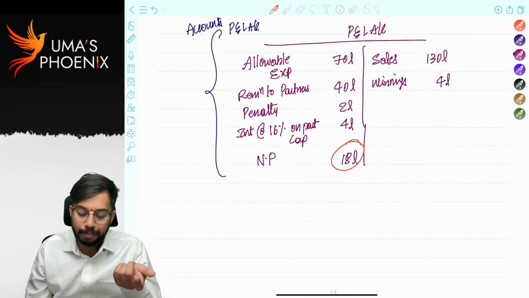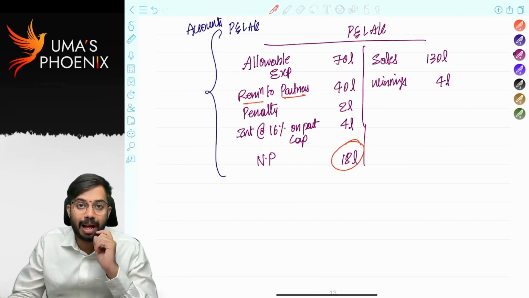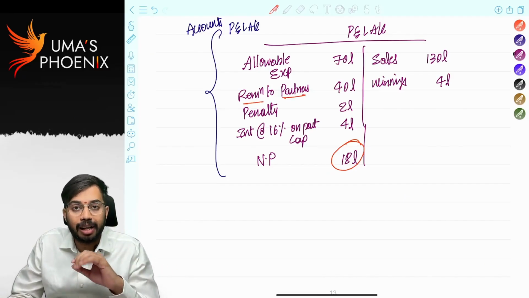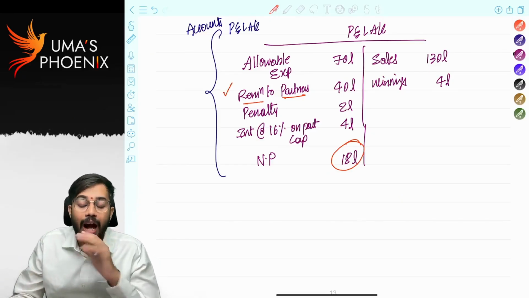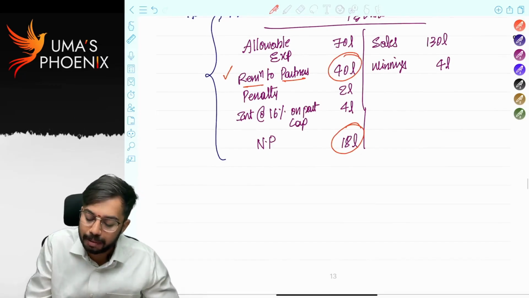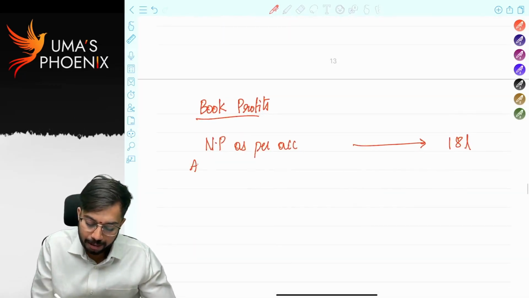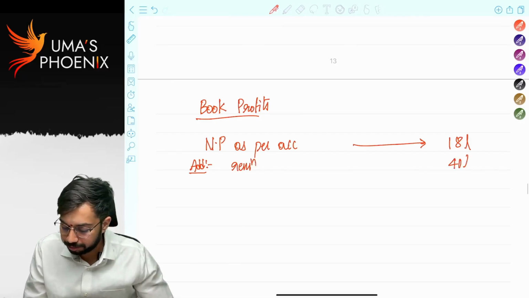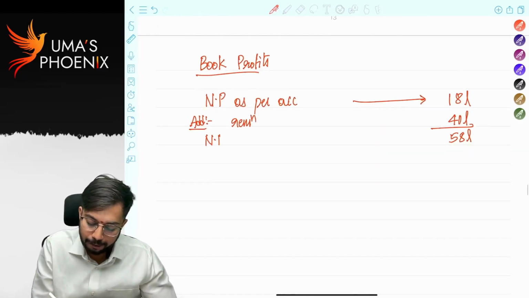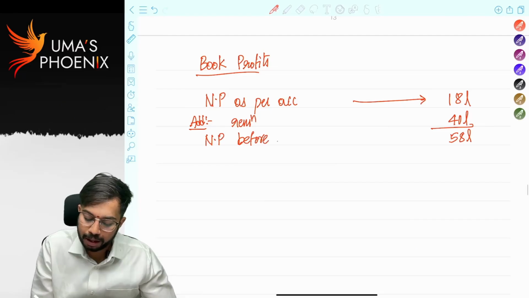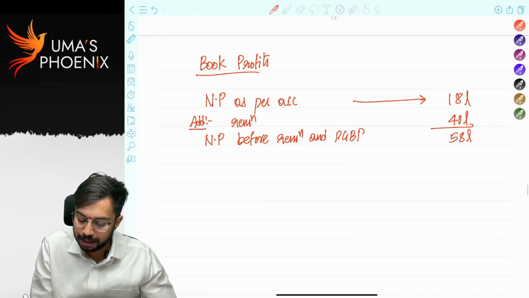Why am I adding back remuneration? Because here remuneration was claimed as expenditure. If remuneration is not claimed as expenditure in P&L account, don't add back. Only if it is claimed as expenditure, add back the remuneration. How much is remuneration? 40 lakhs. So add remuneration 40 lakhs. So 58 lakhs. This is net profit before remuneration, before claiming remuneration as deduction, before PGBP adjustments.